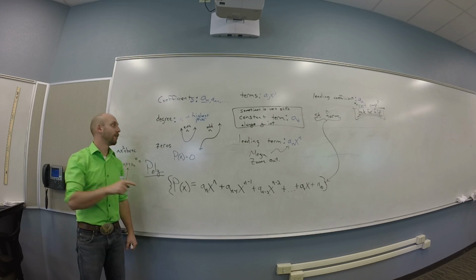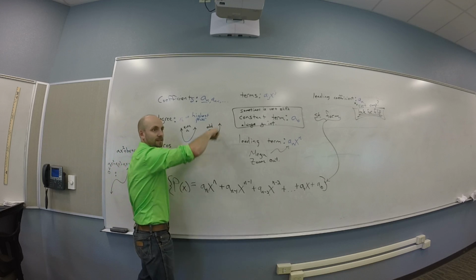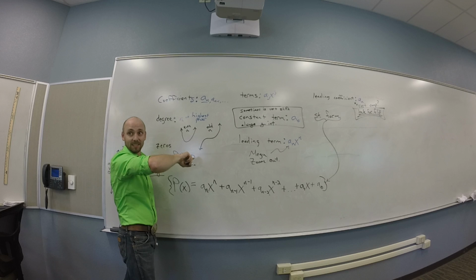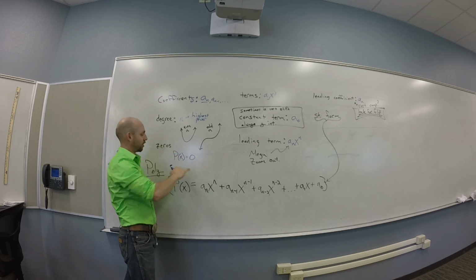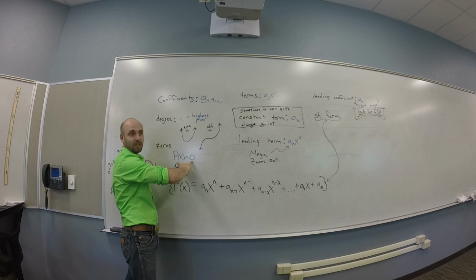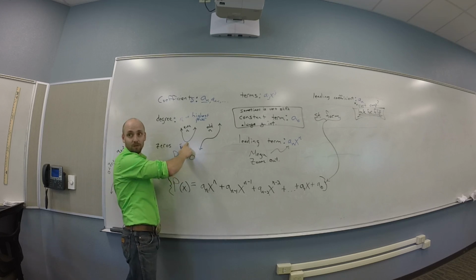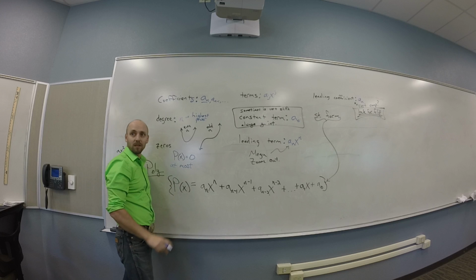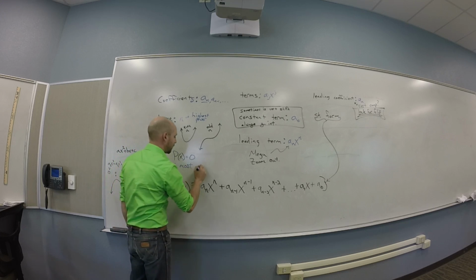The degree is odd, right? Something looking like that is going to cross the x-axis someplace. You guys see that? That's really what I'm looking for here, x-intercepts. This guy doesn't have to. That's good to know. I should also know that there are at most n solutions.